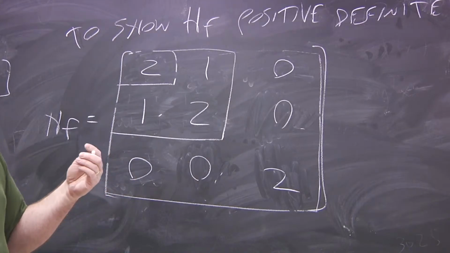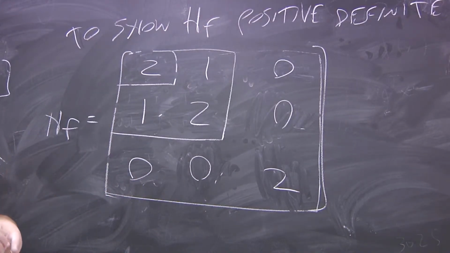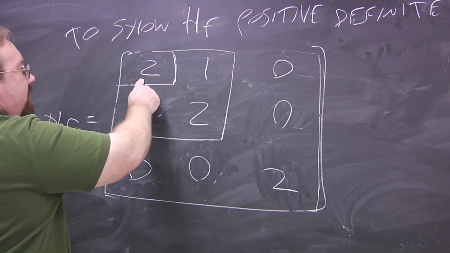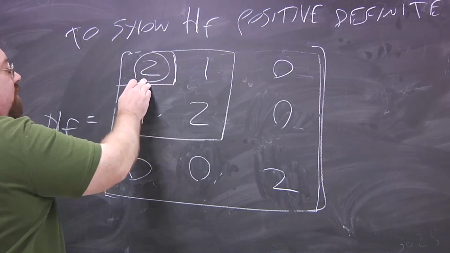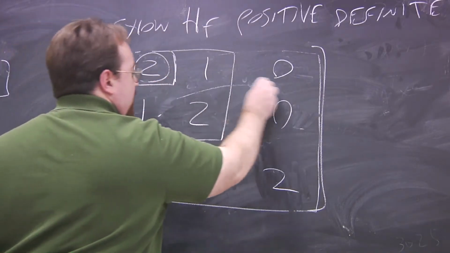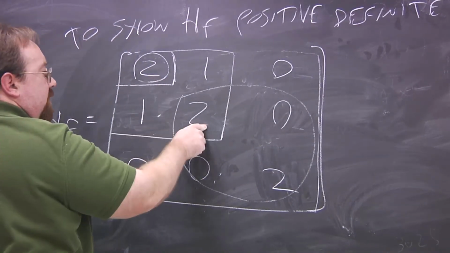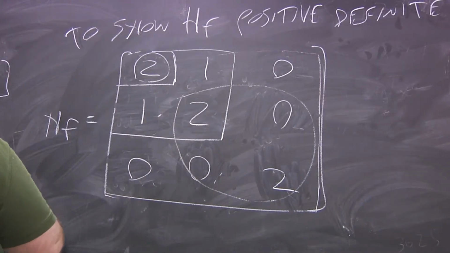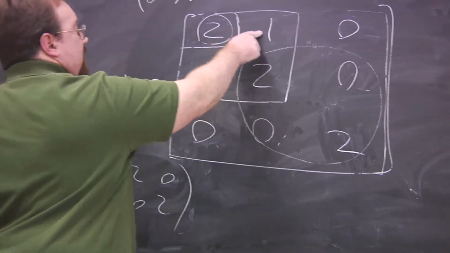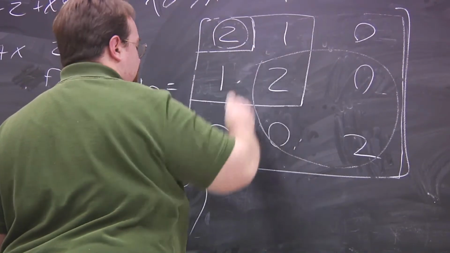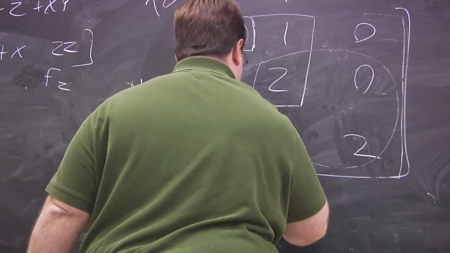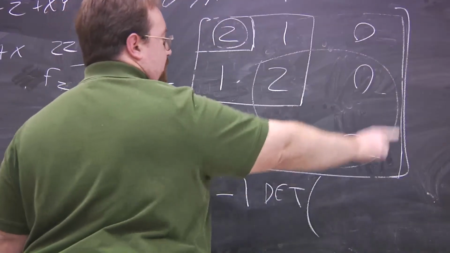Another way of doing it, which some of you might have seen, is you go across the top row. So it's 2, and then you take the matrix you get by deleting the first row and column. That's this. So you take 2 times the determinant of this, which we know how to do because it's 2 by 2. Then you go to the next element, and you change the sign. So minus 1, and then you delete the first row and second column. So then it's 1, 2, 0, 0.